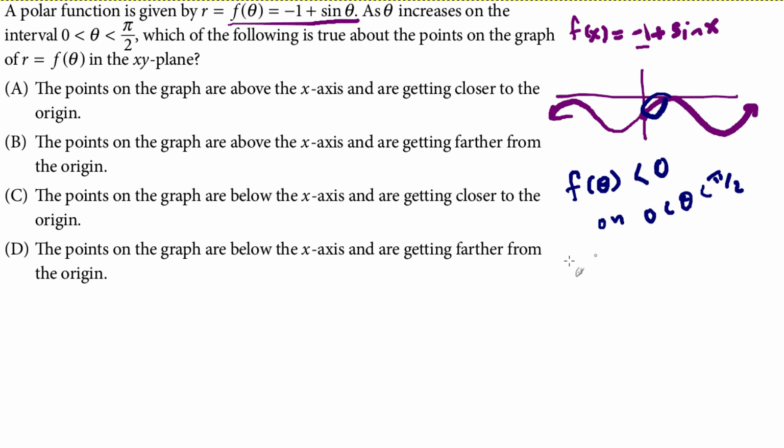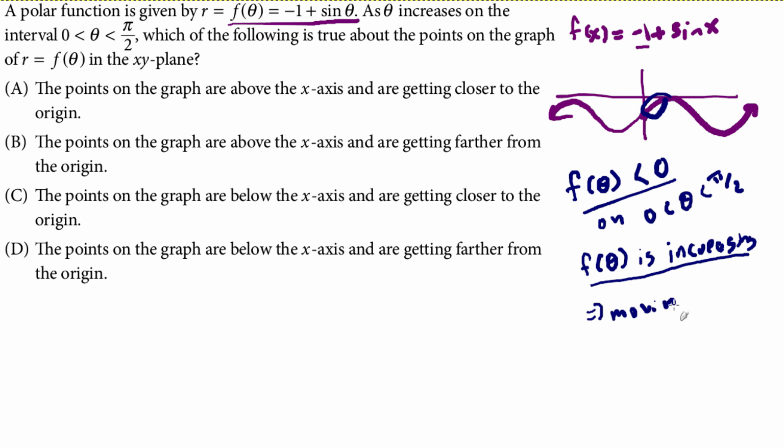I also see that f of theta is increasing on that interval, which, since we're less than 0 and we're increasing, that means that we are moving toward 0, which is the important point here.